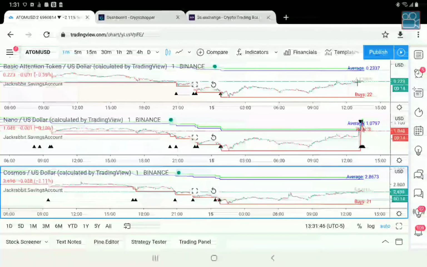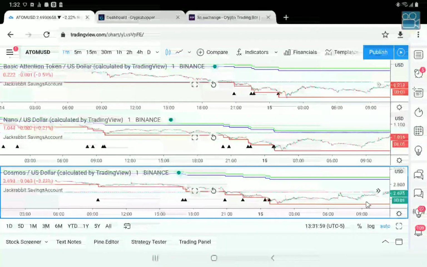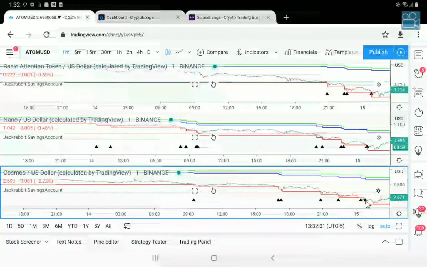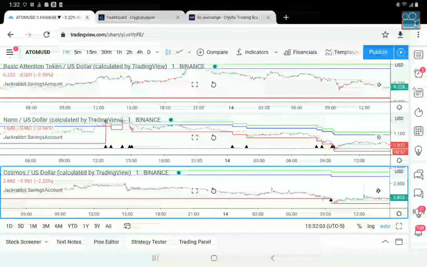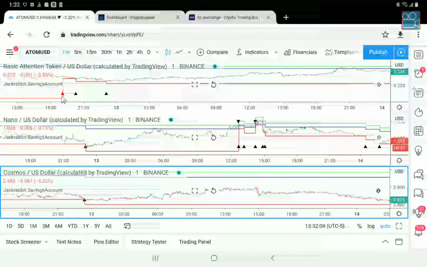So as you can see, these are fairly comparable in terms of the rate and frequency of operation, with Atom being slightly faster with the sideways breaker. And it should be noted that I am using the sideways breaker on BAT as well. As you can see here with the red triangle, this is the sideways breaker.